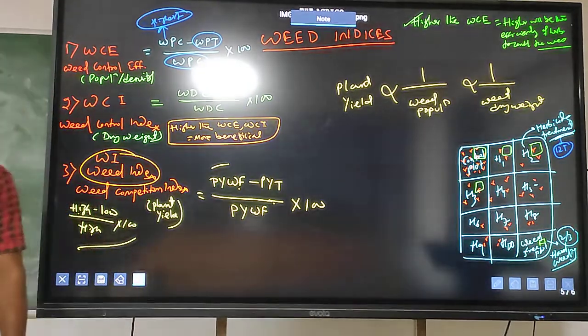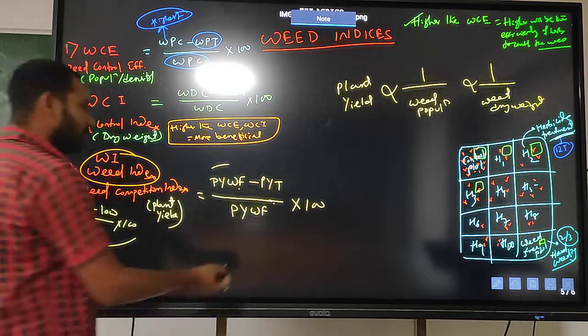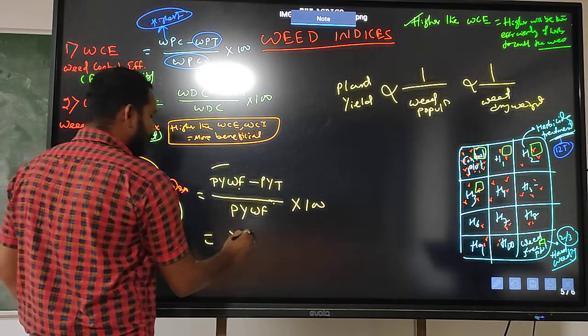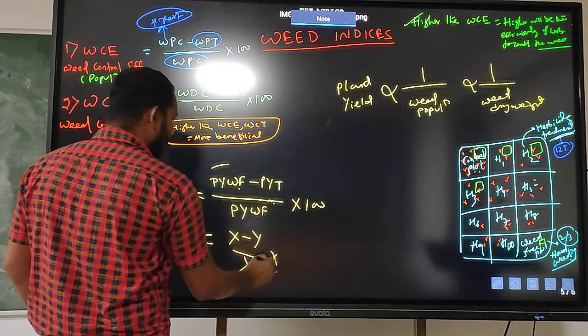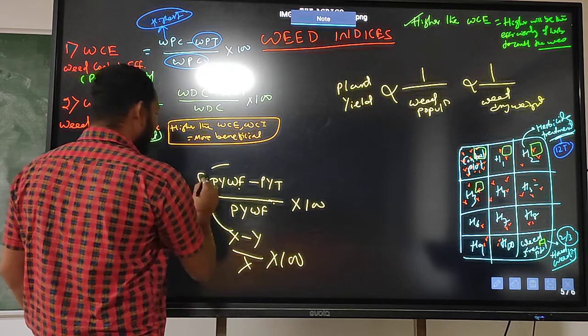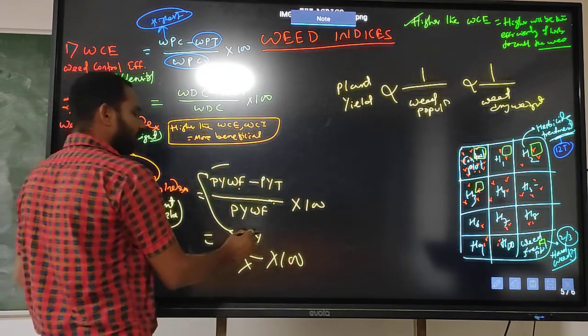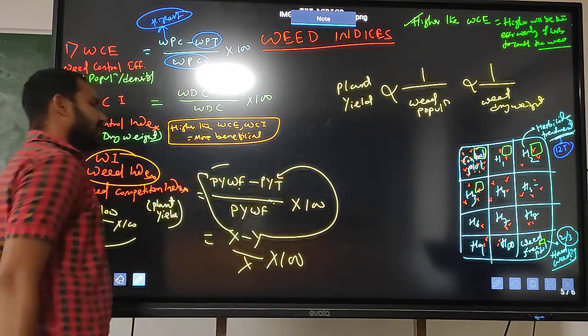This is very simple. In some books it is written as x minus y by x into 100, where x is the plant yield in the weed-free plot and y is the plant yield in the treated plot.